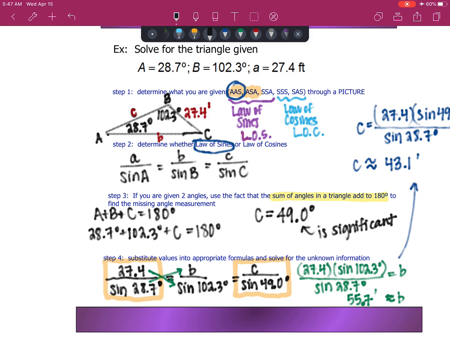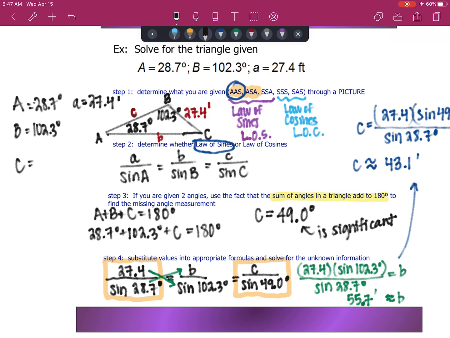So let's talk about the answer. They gave us angle A, angle B, and side A, 27.4 feet. We needed to find side B, side C, and angle C. Angle C was what we did first: 49.0 degrees.